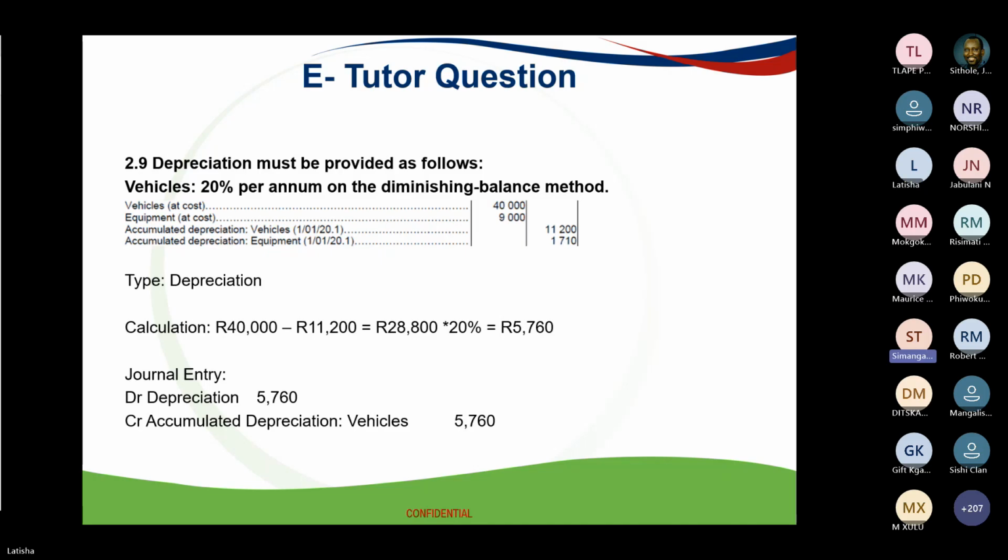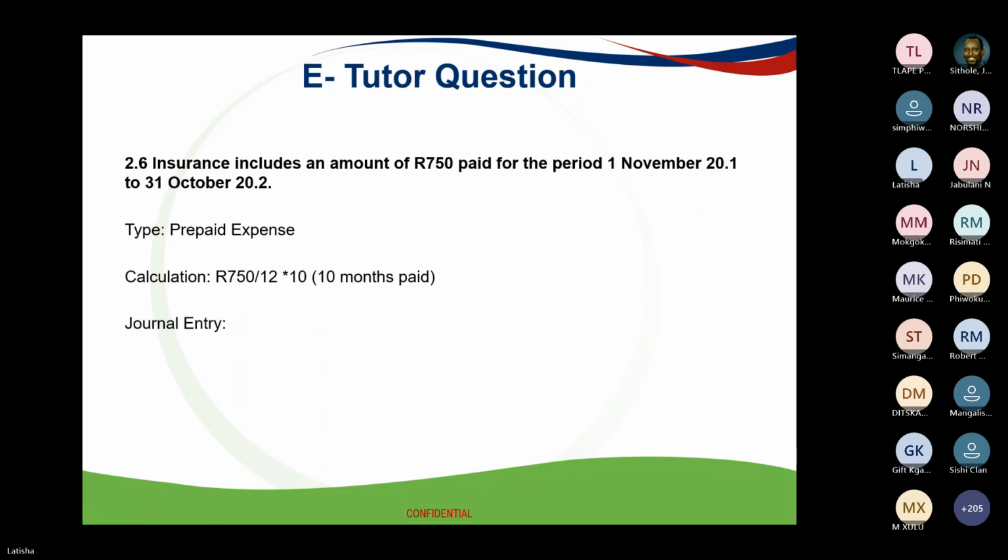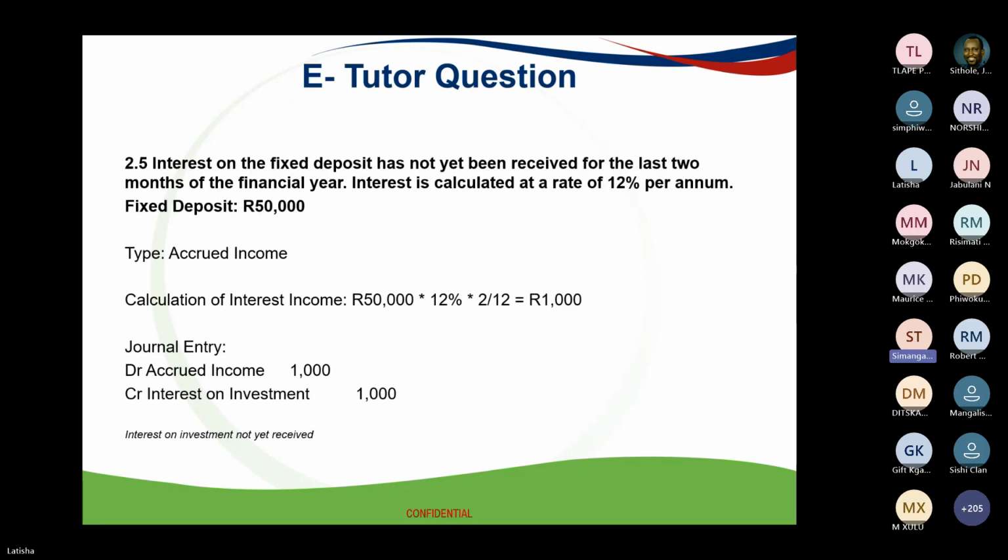My question relates to some of the entries that you make. For instance, I think in 2.5 the journal entry is a debit to accrued income and a credit to interest on investment.